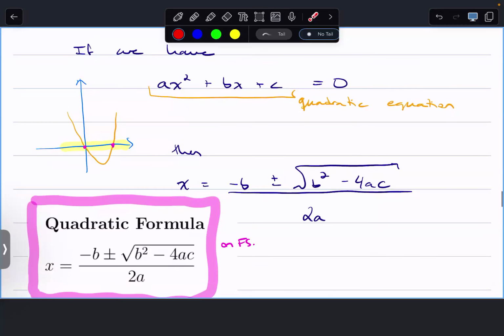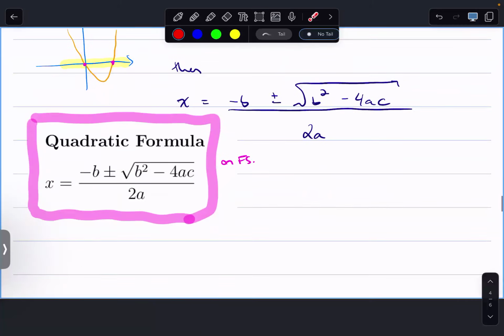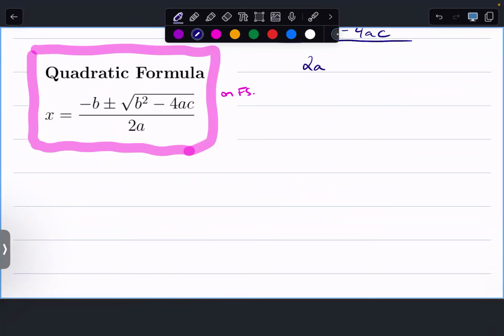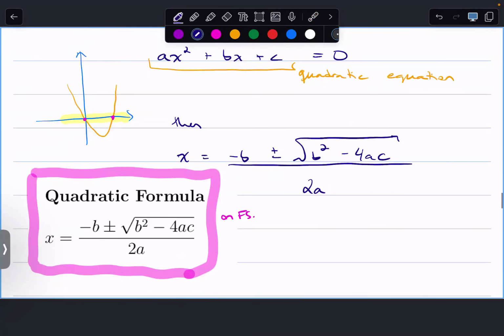So just remember, always be on the lookout for something of this form, or if you can rewrite it as a quadratic equation, because then you can solve for the values of x that make that happen. Good. So that wasn't in the notes. I'm sneaking it in because we need it.